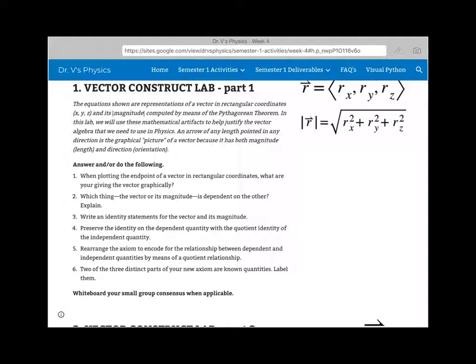Okay? Identity preserved. Then rearrange the axiom to encode for the relationship between the dependent and independent quantities by means of a quotient relationship.